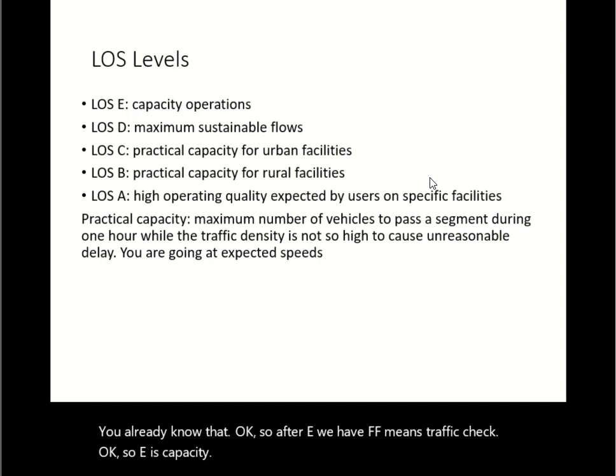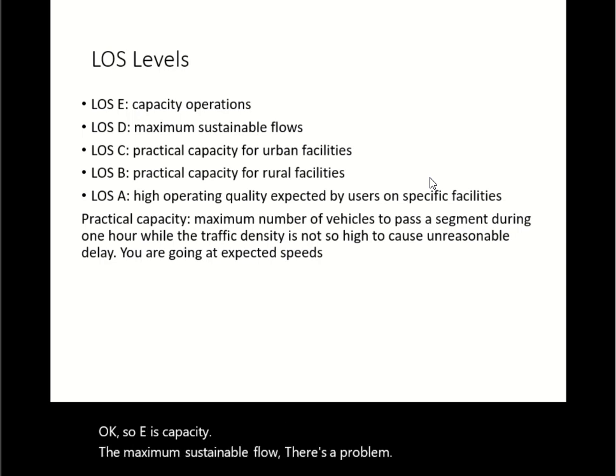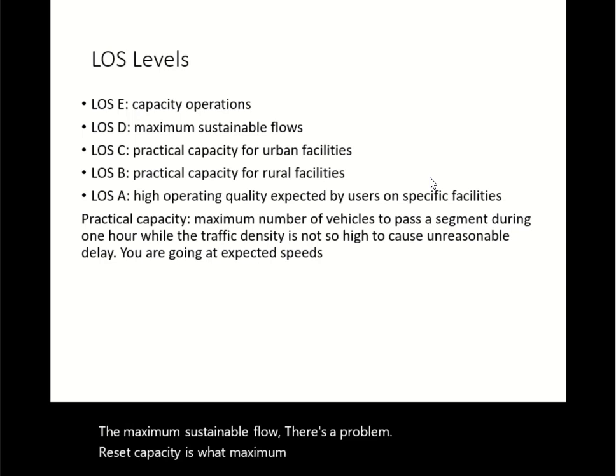D, maximum sustainable flow. Now there's a problem. We said capacity is what? Maximum flow, right? Now they are saying E is capacity and D is maximum flow. What is this? The answer is in the term which they added, maximum sustainable flow.